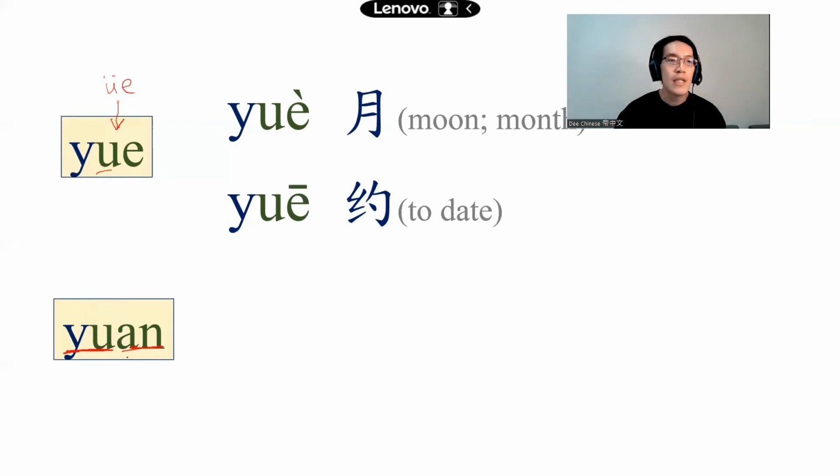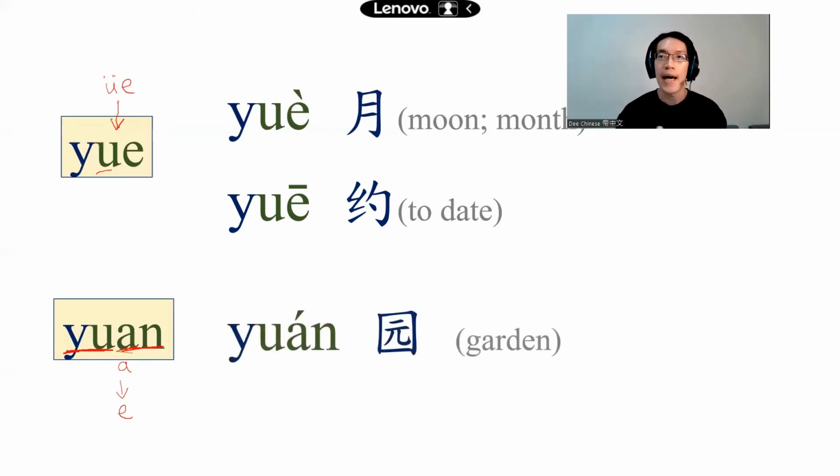But because the u and n are in a very high position, and the top position of a is relatively low, when we pronounce this sound, we tend to raise the a higher than a general a. That is, you will hear Chinese people say yuan. The a becomes e, so you will hear yuan. So the first one is yuan.